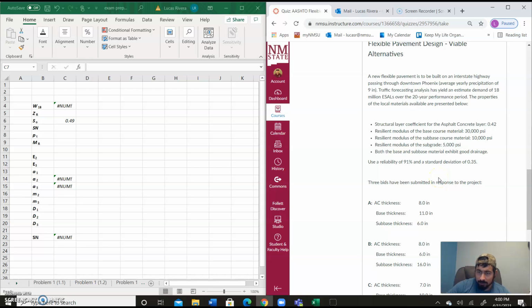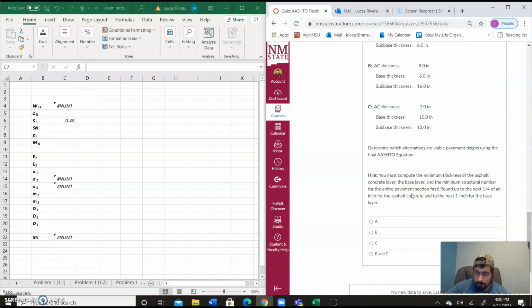Resilient modulus of base course material is 30,000, subbase 10,000. Okay. Minimum thickness of the asphalt concrete layer.